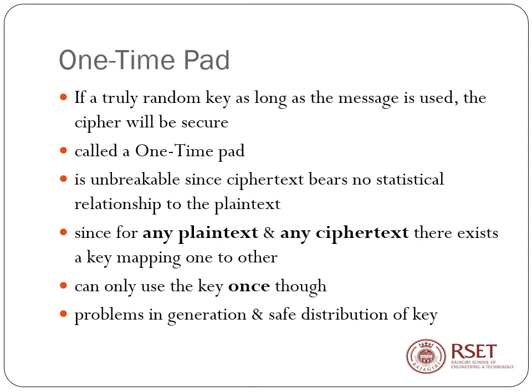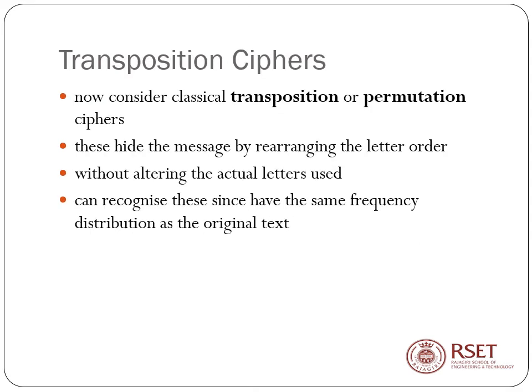It is unbreakable since the ciphertext bears no statistical relationship to the plain text. But choosing a key randomly, because for every plain text you need a new key, there were problems in generation as well as safe distribution of the key. That was the problem with the one-time pad. Otherwise, that also had very good security towards the cipher.